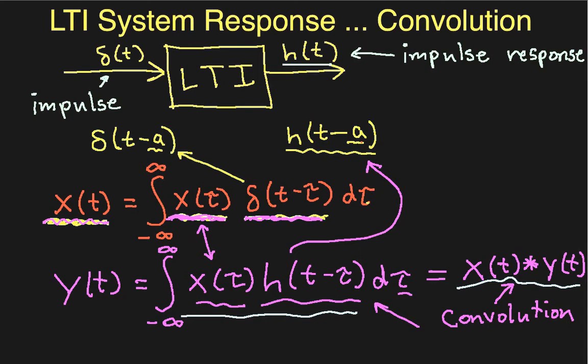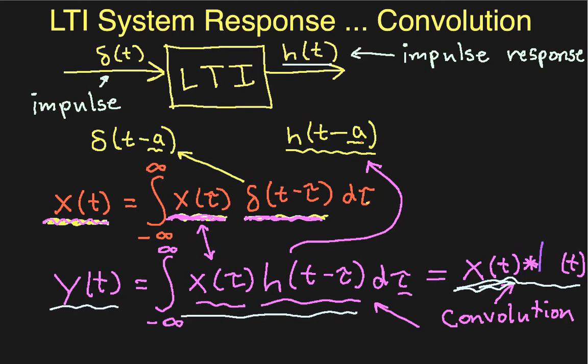So the beautiful result that we have is that the output of a system is given by the convolution of the input and the impulse response. Let's clean this one up, because if you get this wrong, you're in serious trouble.